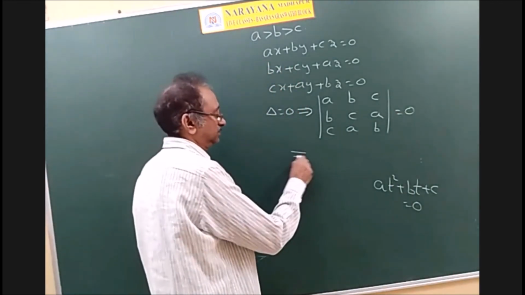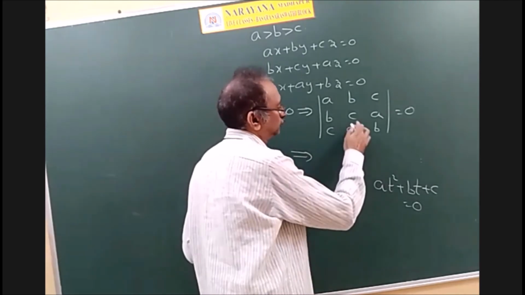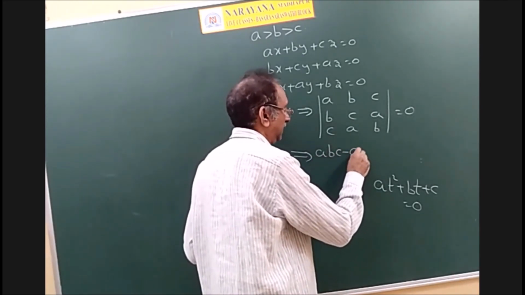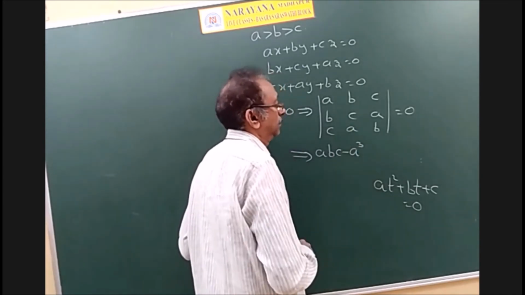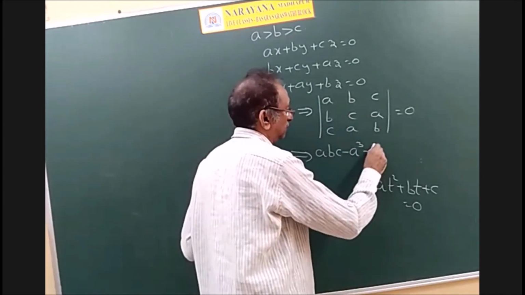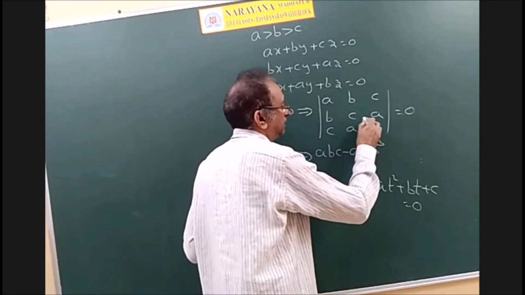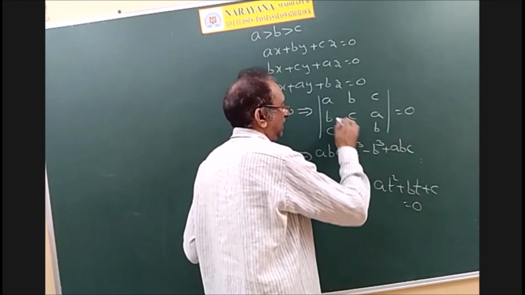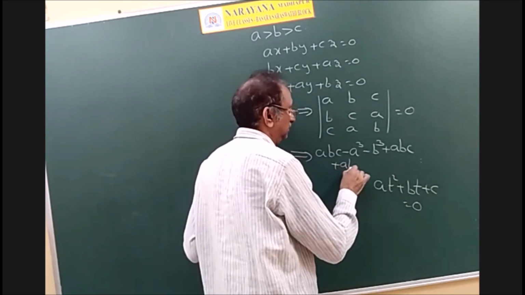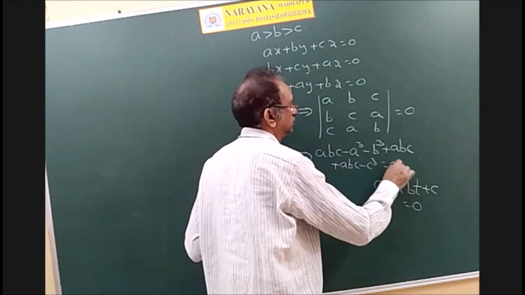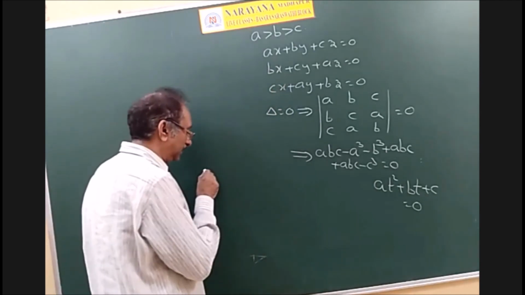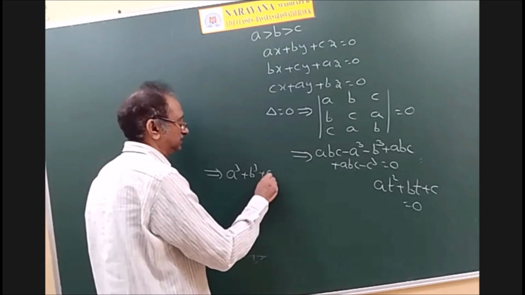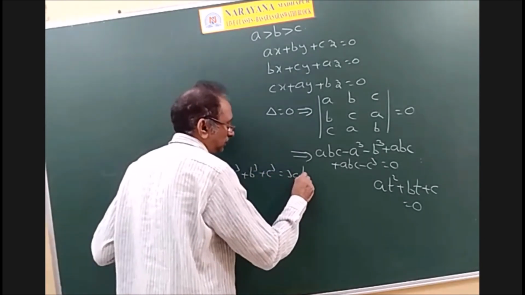So expand this. a into (bc minus a square), that is abc minus a cube, minus b into (b square minus b cube), minus ac into (minus b plus abc), plus c into (ab plus abc), minus c cube is equal to 0. So finally, I can write like this: a cube plus b cube plus c cube is equal to 3abc.